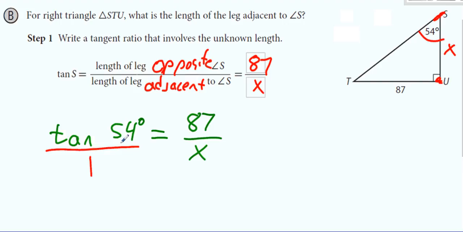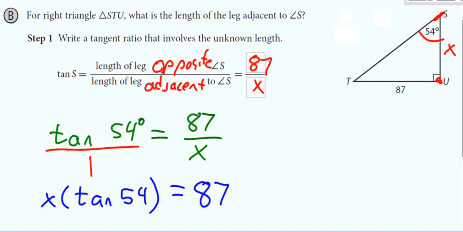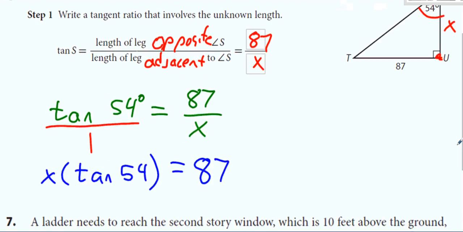So you do tangent of 54 over 1 equals 87 over X, and then you cross multiply. So the X gets multiplied over here to the tangent, and then 1 times 87 is 87. So the final step to finish this off, we're trying to get X by itself. You take whatever number tangent 54 is, your calculator knows it, don't worry about it yet. We have to divide, because that's just a number times X.